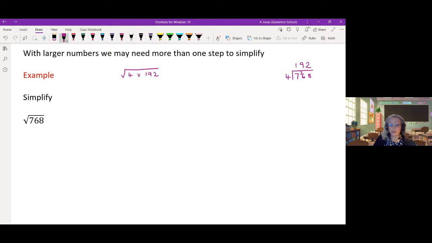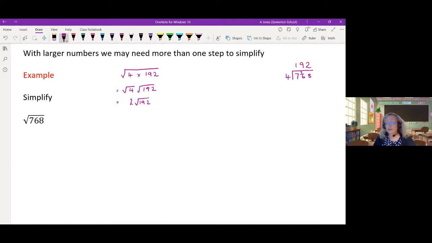And then I'm going to split that down, and I get the root of 4 multiplied by the root of 192. The root of 4 is 2, so I get 2 root 192. Okay, now this is partially simplified, but I haven't finished.